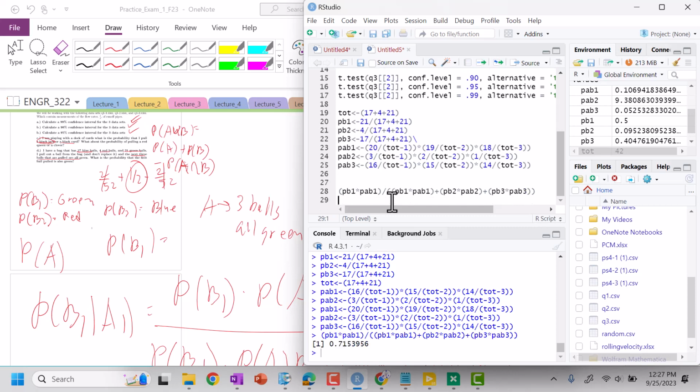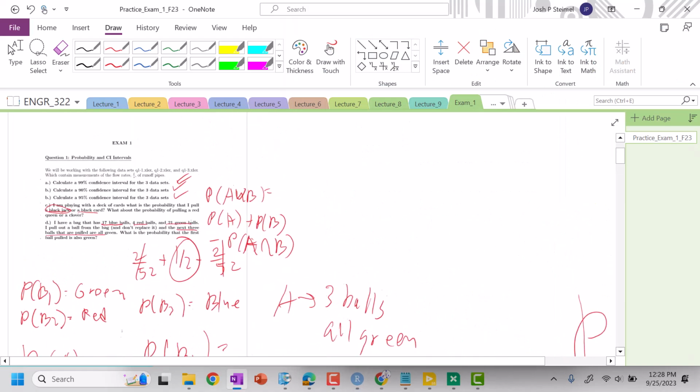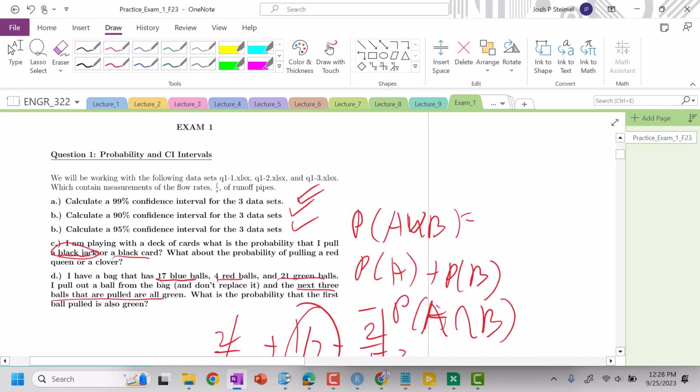And there you go. That's the probability that the first ball pulled is also green. That is problem 1.